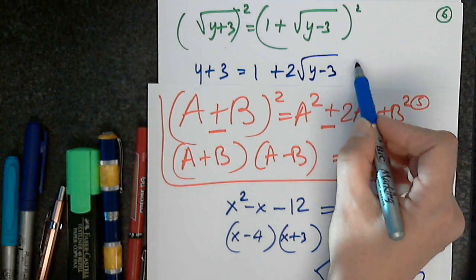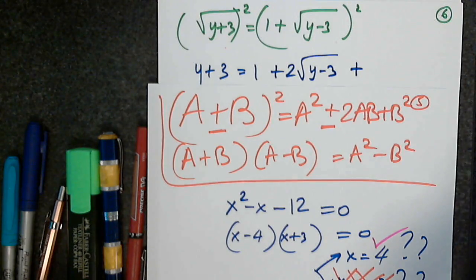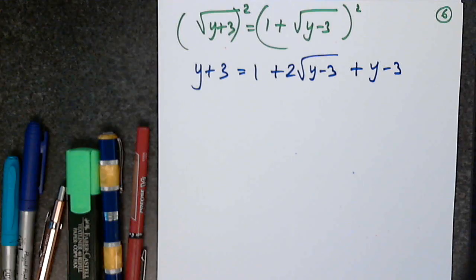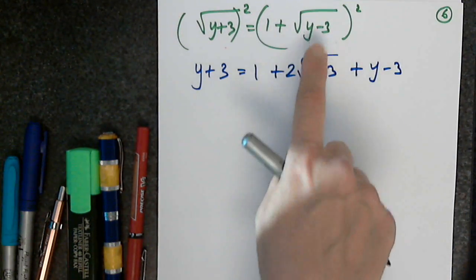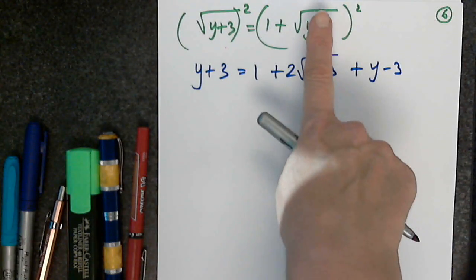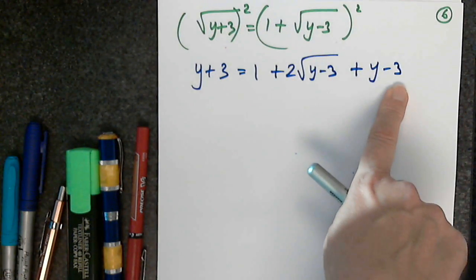So we square the first term, plus 2 times 1 times the square root, plus the square root squared.